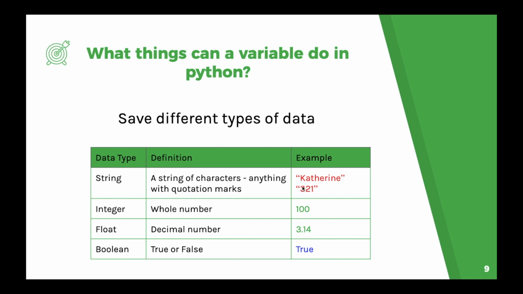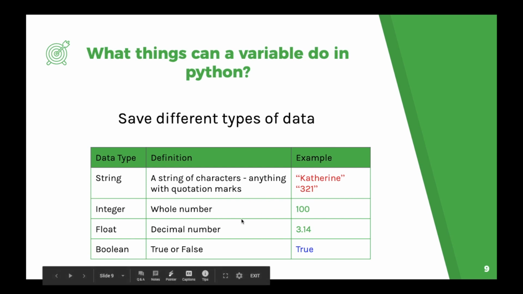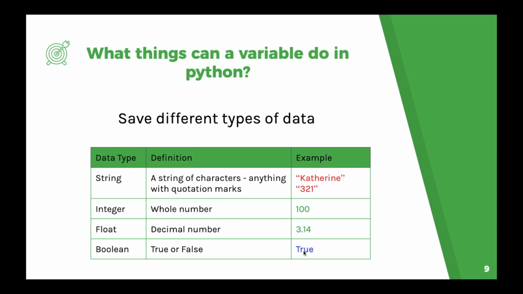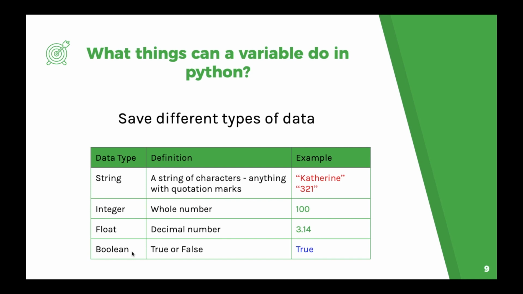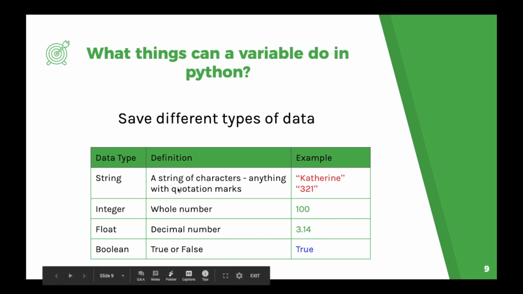If the number has quotation marks around it, that means it's a string, it's not a number. An integer is a whole number, like 100, and a float is a decimal number, like 3.14. A boolean is true or false, and an example is just saying capital True or capital False. We'll get into booleans not in this lesson, but in a different lesson.